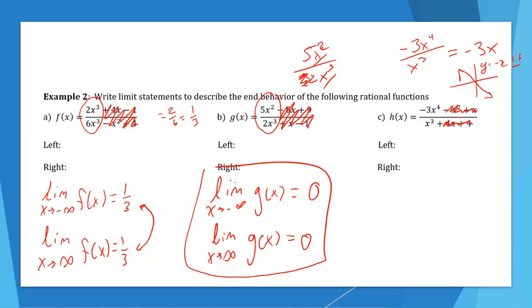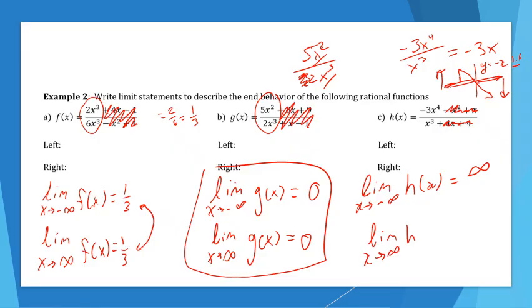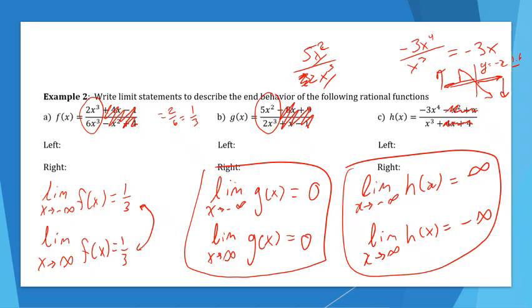So the limit as x approaches negative infinity of h of x should be, as this goes to the left, this will go up, so positive infinity. And then for our right-hand limit statement, as this goes to the right, our function goes down. So this should go to negative infinity, and that should be our answer there.